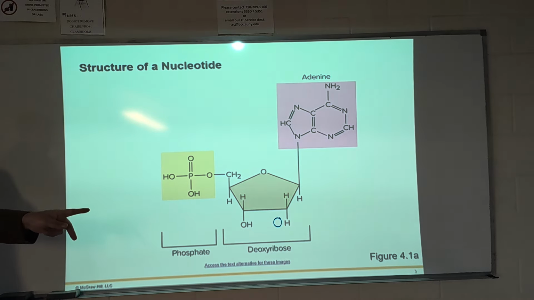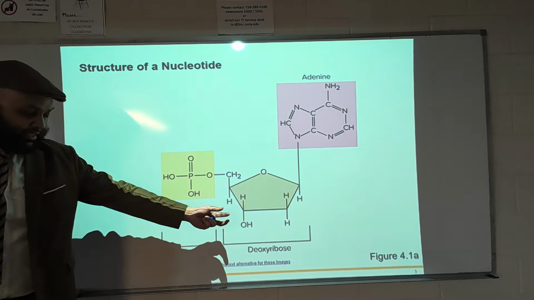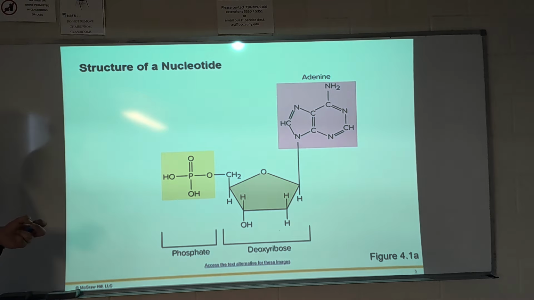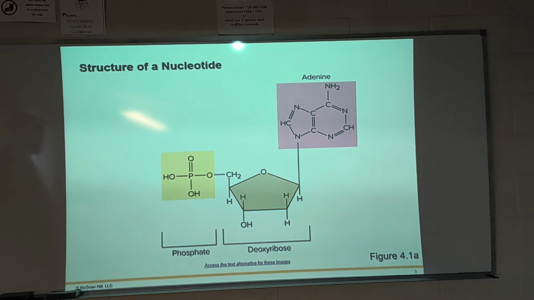This oxygen here in the second prime carbon, we took away the oxygen. You see, the oxygen of this one stays, but the oxygen of this one is gone. That's why we call it deoxyribose. Like deoxidization. So deoxy, the removal of the oxygen. You need to know in yellow is a phosphate. So what is a nucleotide made up of?